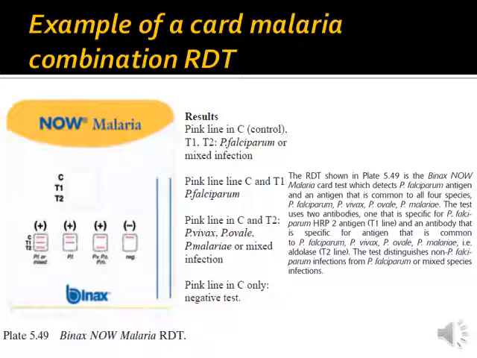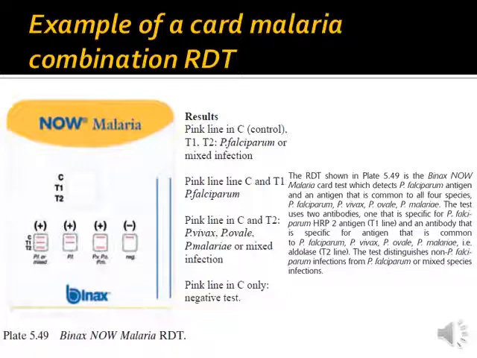Now moving on to the second test, you are seeing 2 lines. One is the control and the other one is the line which is specific for Plasmodium falciparum, and it is going to indicate the presence of histidine-rich protein 2.